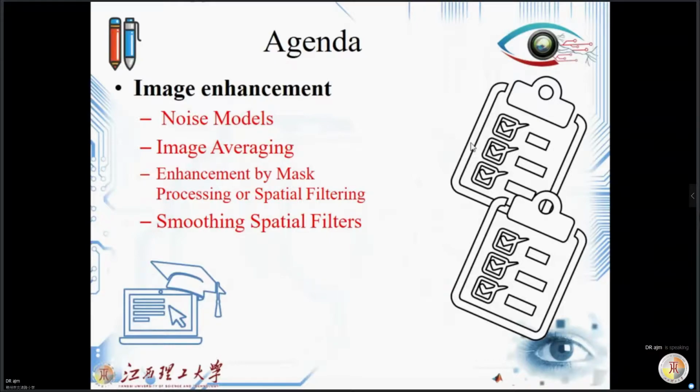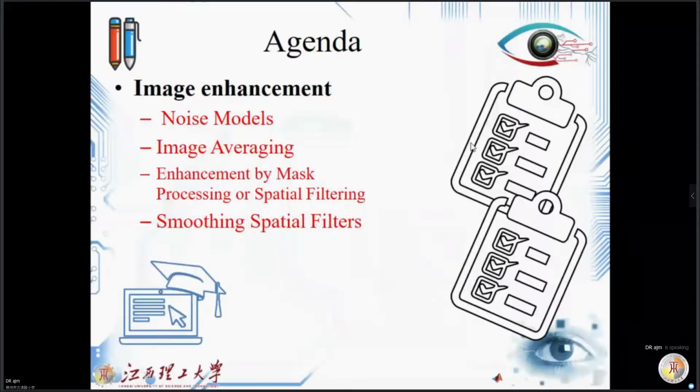Image averaging is a method that we will cover, and then enhancement by mask processing, especially filtering, and some types of filters such as the splitting filter and median filter. Chapter 2, or Unit 2 of our book, will be finished if we can cover this part. It may take both lecture times, the first part and second part, so be ready for a little bit of a long lecture.